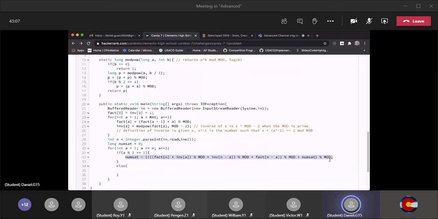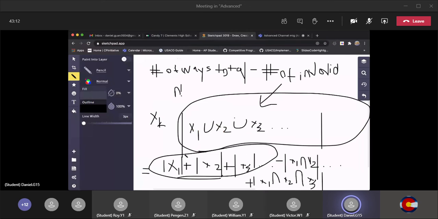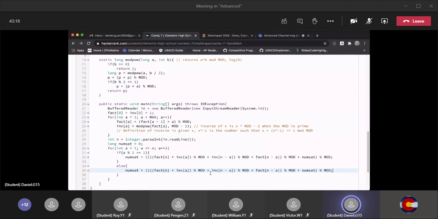And then for this, instead of adding, you just subtract, because the signs alternate. This is positive, negative, positive. Here you just subtract instead.